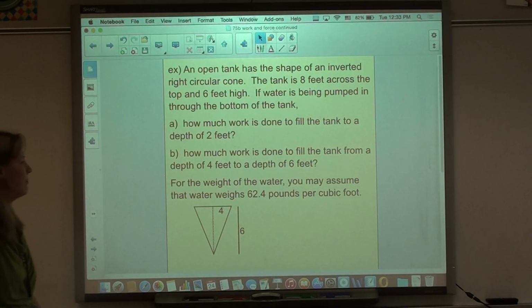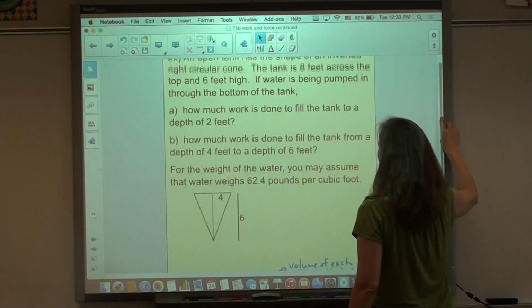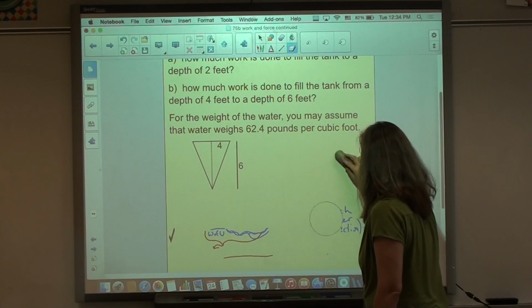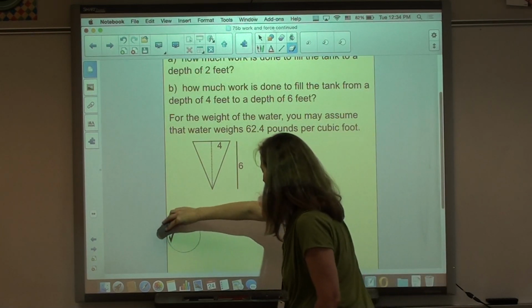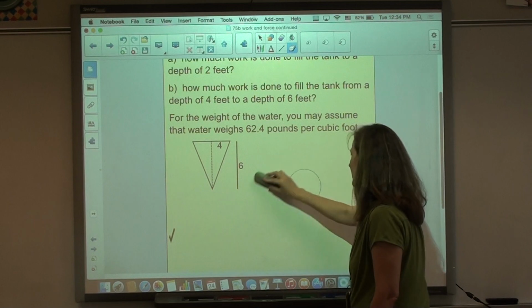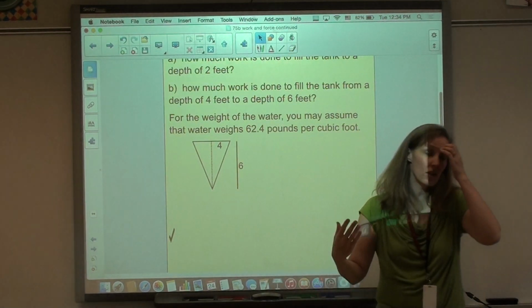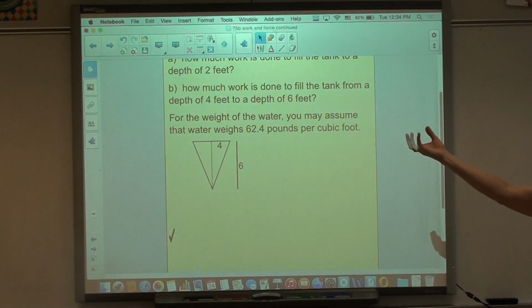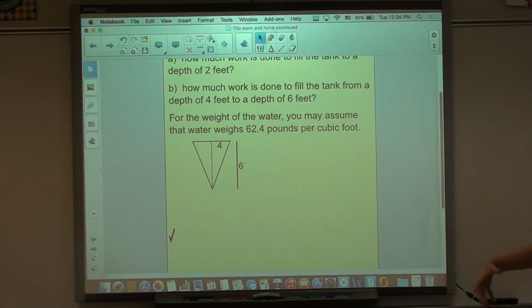All right. So, here's the thing about these. In order to find the weight of the water as the tank fills up, kind of like the chain, where you did the pounds per foot times number of feet, here we're doing pounds per cubic foot times the number of cubic feet that have filled up into the tank, right?